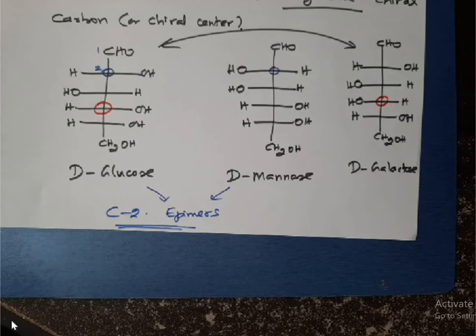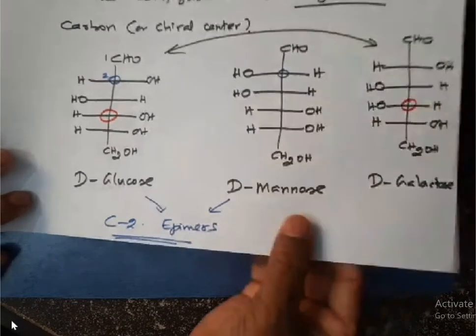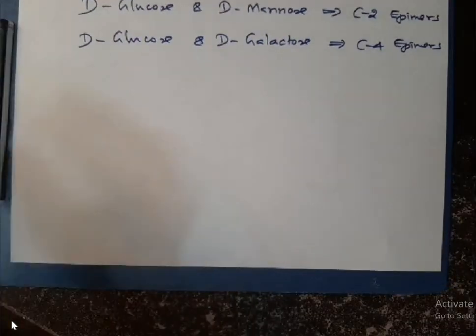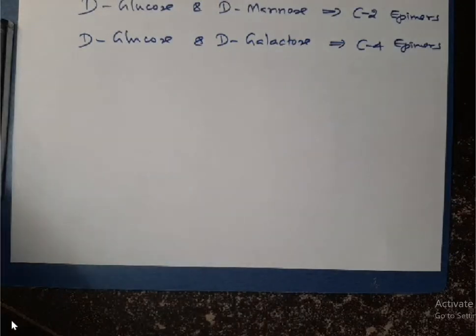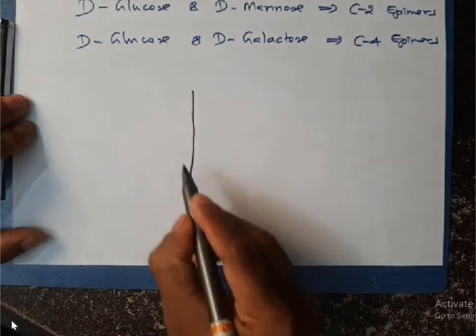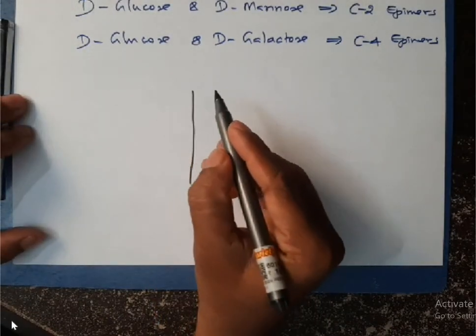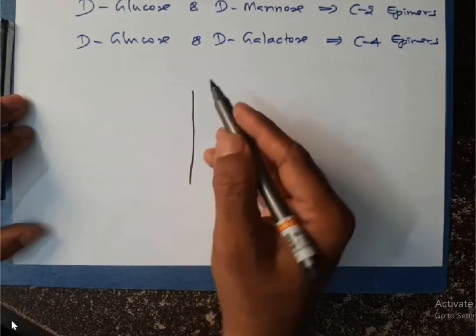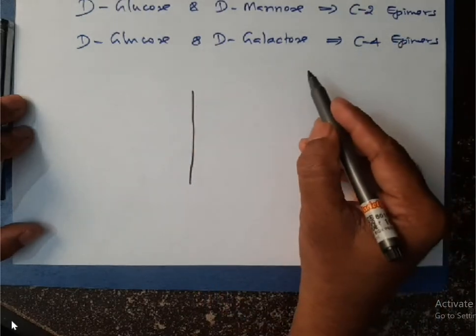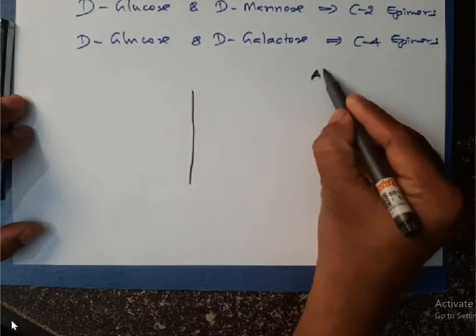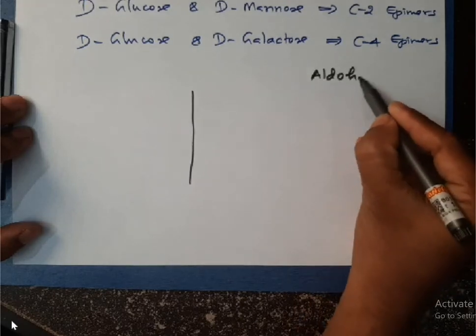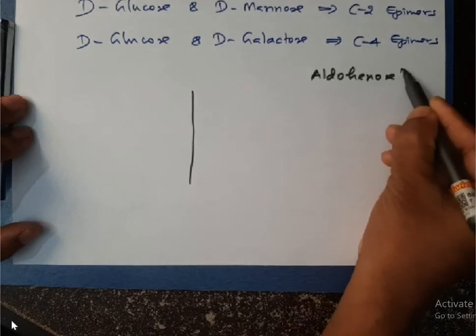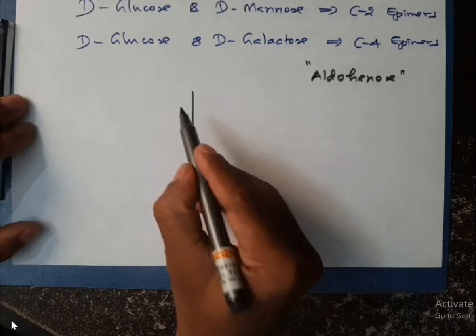No, sir. Okay, now I'll give you one important information here. This is very important for JEE as well as NEET. Among the aldohexoses, what are all the compounds we have in aldohexose, students?